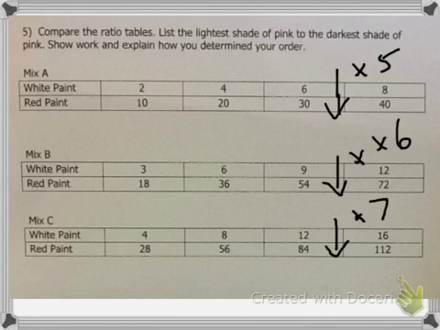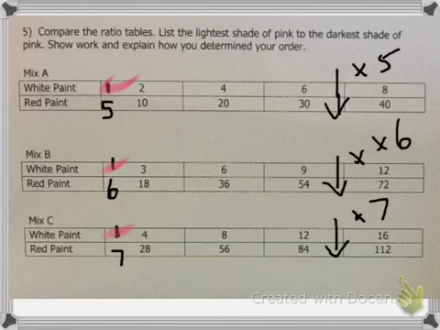So that means if I have 1 white paint, we're going to have 5 red paints for A. For mix B, if I have 1 white paint, we're going to have 6 red paints. And for mix C, if I have 1 white paint, we're going to have 7 red paints. So now that we have all the same amount of white, 1, 1, 1, now we can compare the amount of red.